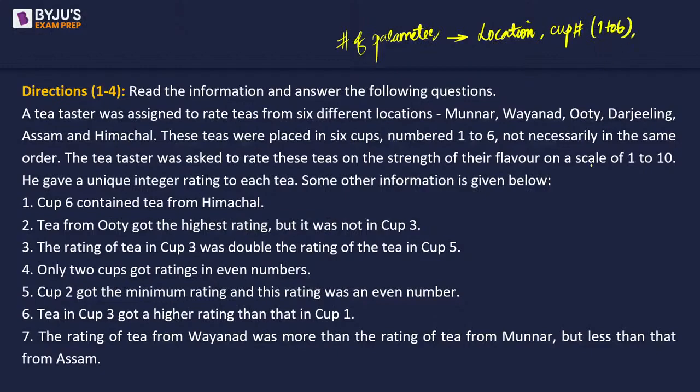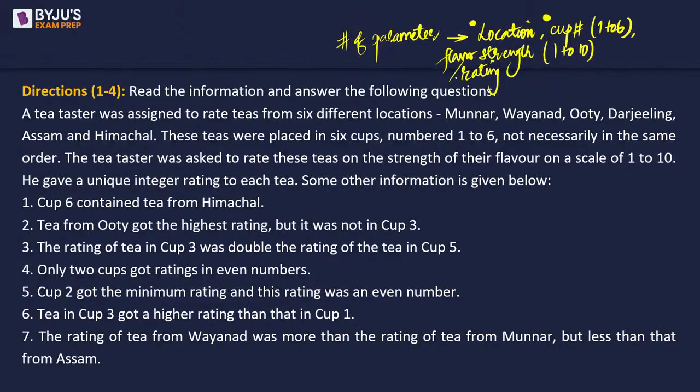And then they have the flavor strength on a scale of 1 to 10, and they're unique, right? Cup numbers are unique and flavor strength are unique. He gave a unique integer rating to each tea. So flavor strength as in rating. Good. So there are 3 parameters here, right?